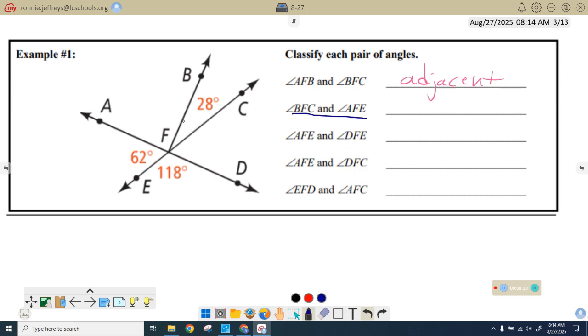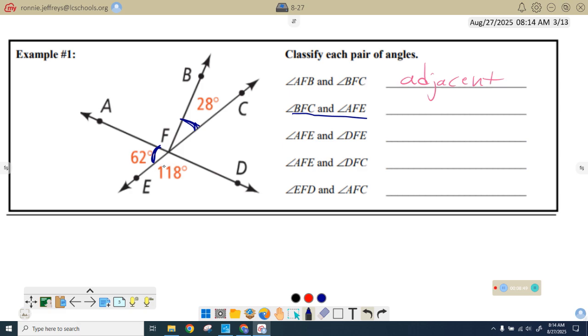BFC, so still this angle here, and AFE. Do they really share anything? They don't seem to. They're not a linear pair. They're not adjacent.